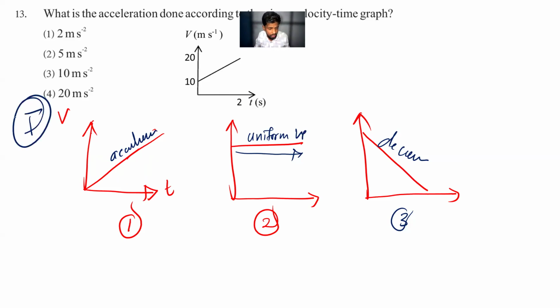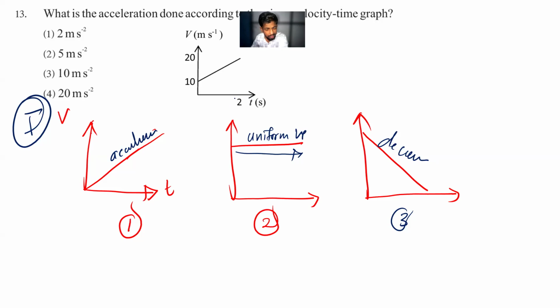So from this question, we have learned what the types of velocity time graph are. Acceleration is there, then you know how to find acceleration, how to find the deceleration, and how to find the uniform velocity. Second thing that you want to know is how to find the acceleration.